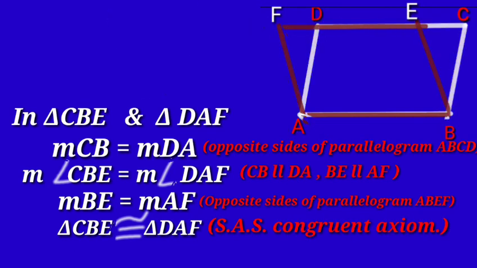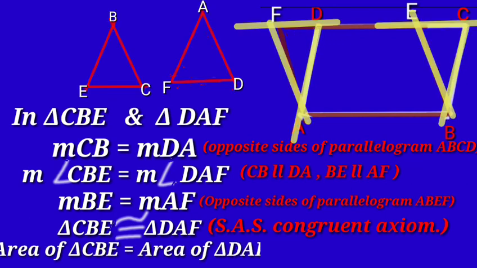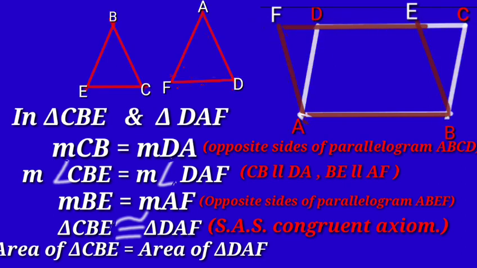When two triangles are congruent, then areas with the same base and same altitudes are also equal.